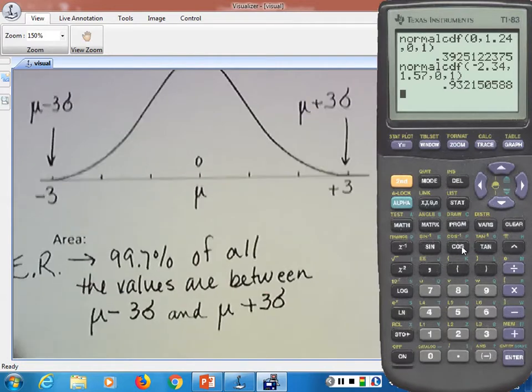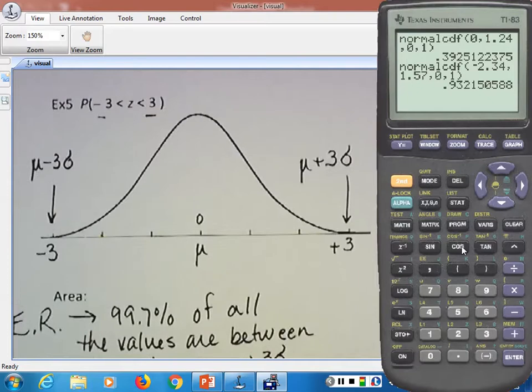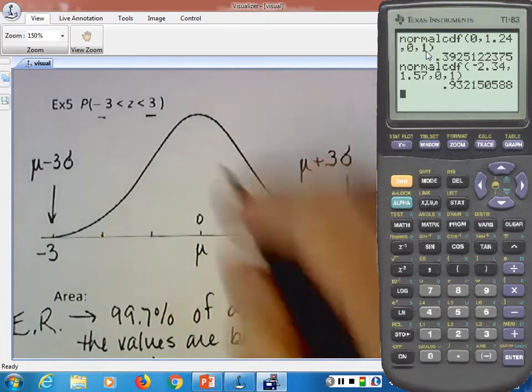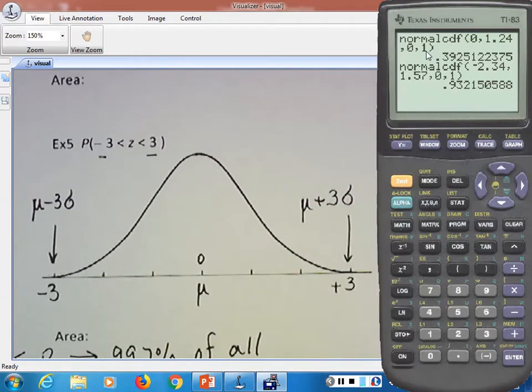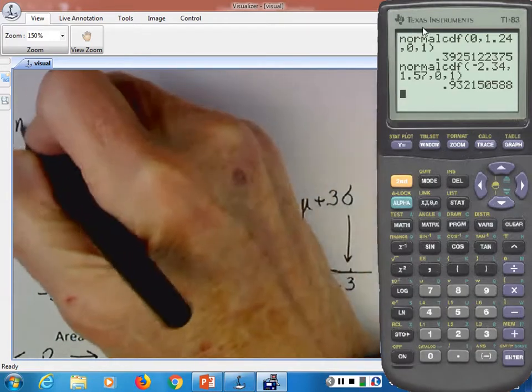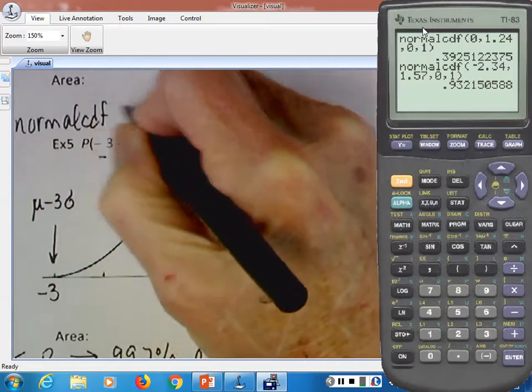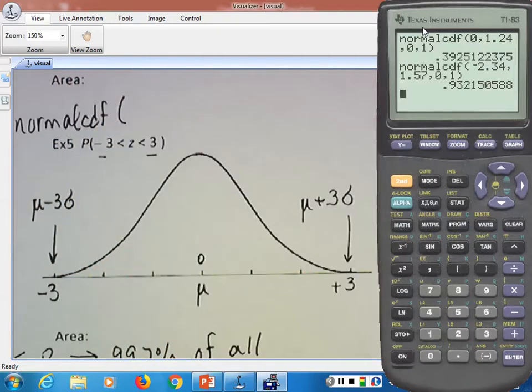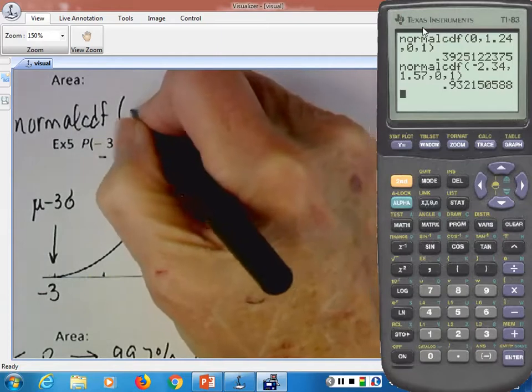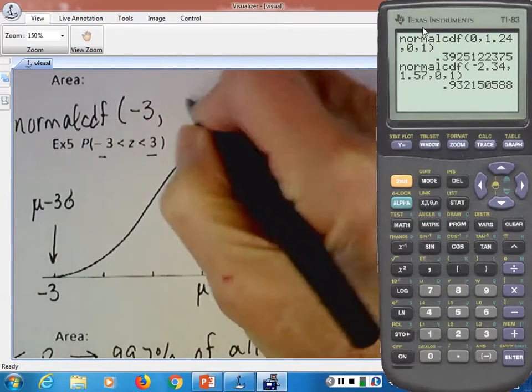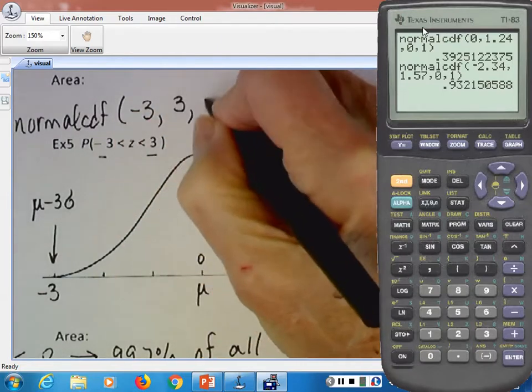Now, if you do calculate this problem, what's going to happen is the calculator is going to verify what you know. So if we actually calculate this using the formula that the calculator has built in, that's going to be normal CDF. The low is -3. The high is +3. The mean is 0.